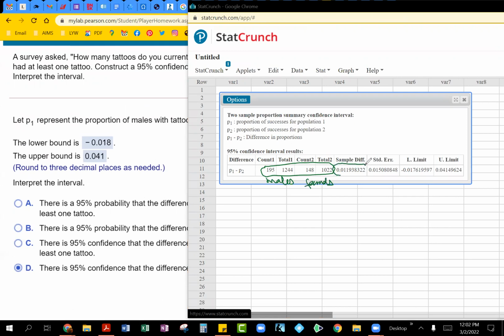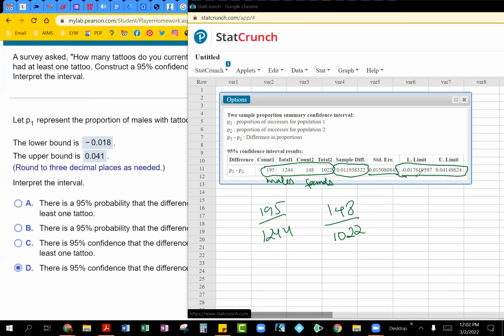If you look at the sample difference, this is telling you, if you did 195 over 1244, and 148 out of 122, what the difference between these two proportions would be. And then your standard error, and then our upper and lower limit.